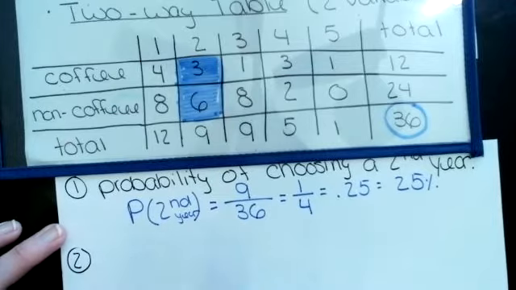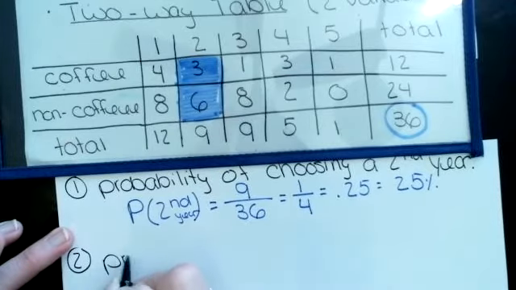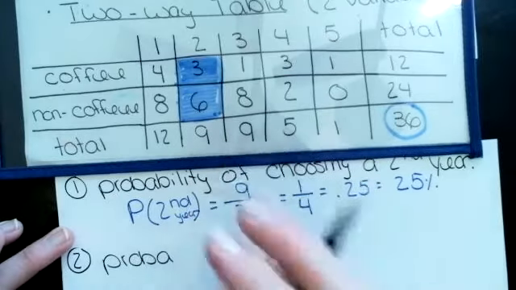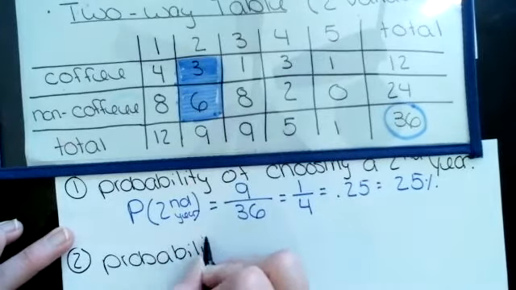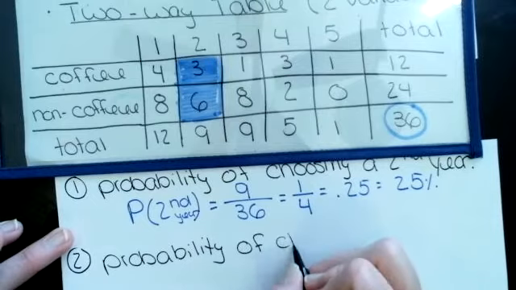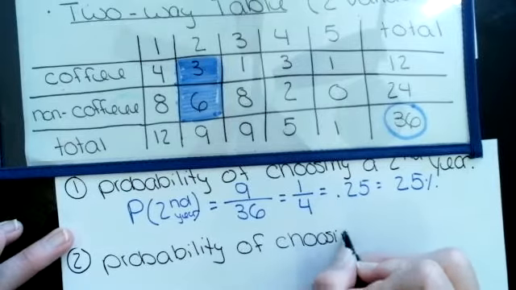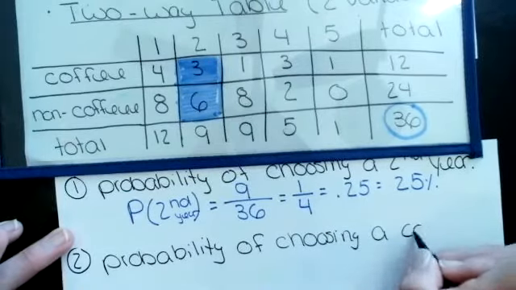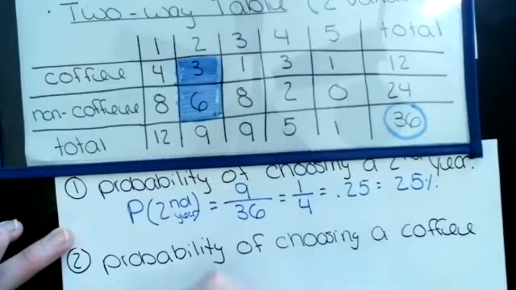I'm going to do one very similar to that, because I want to get familiar with calculating them using the table. And it's nice practice to write the notation. So let's take a look at the probability of choosing a coffee drinker. Now, I know we just did this, so we already know the answer.